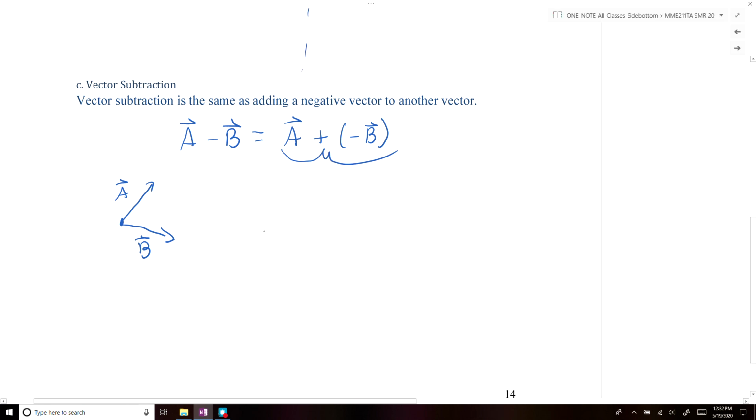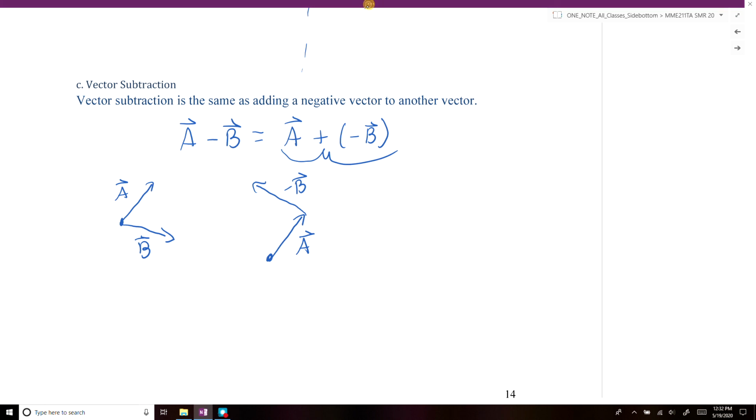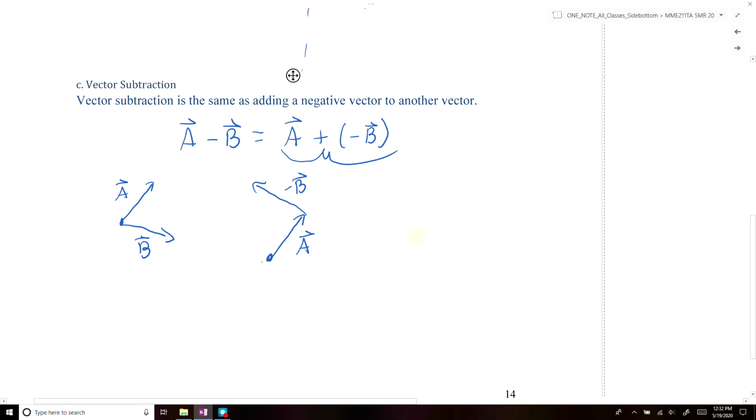So we'll start off with vector A, and then we'll add negative vector B to vector A. So we'll use the triangle law, and we'll be able to draw our resultant vector here. Okay, so I'm going to call this resultant vector vector C.